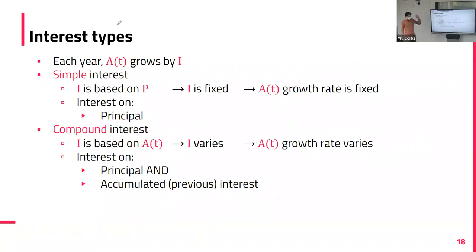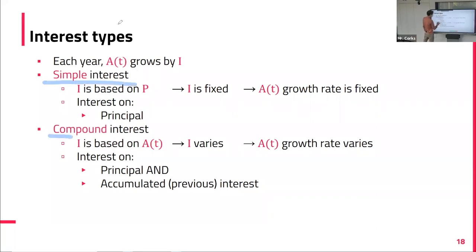Okay, so two basic types of interest. One is simple interest, the other is compound interest. Simple interest is simple. The capital I, the dollar value of the interest, is based only on the principal. So how much rent do we have to pay on this money? Well, we calculate it based on what the original value was.